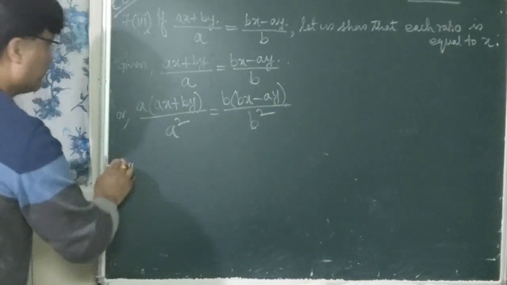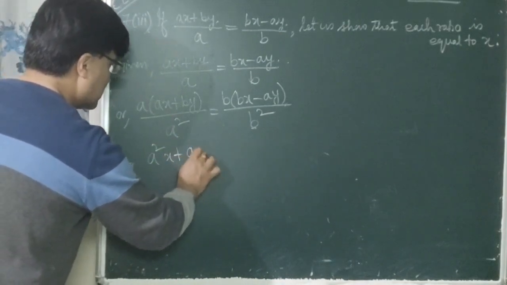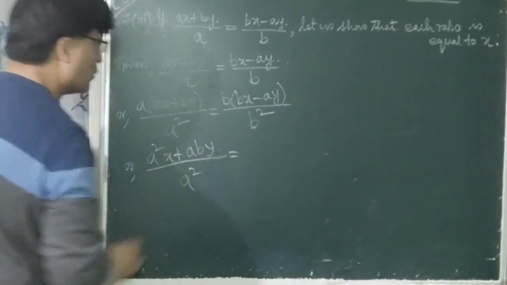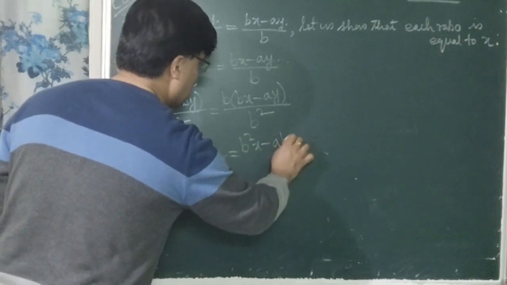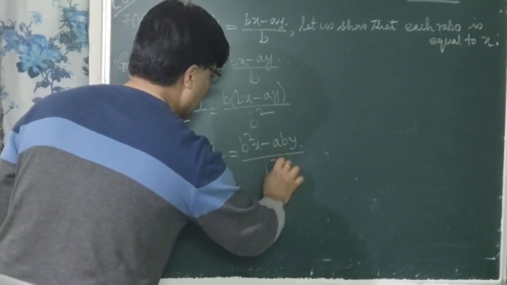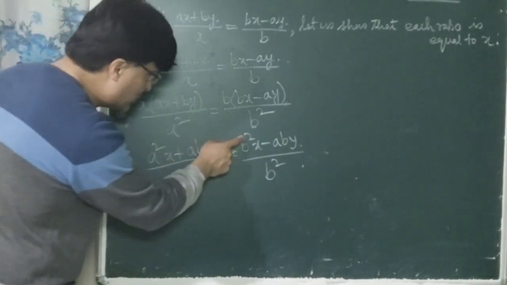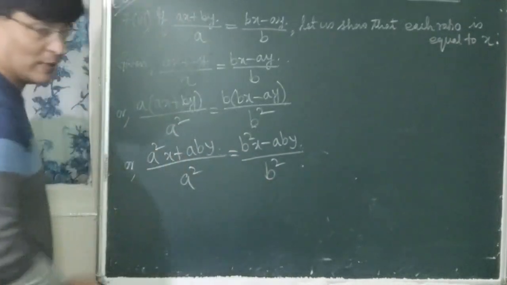So now we get (a square x + aby) whole divided by a square is equal to (b square x − aby) whole divided by b square here. Now this is a square x, this is b square x. This is plus aby, minus aby, this is a square, b square.